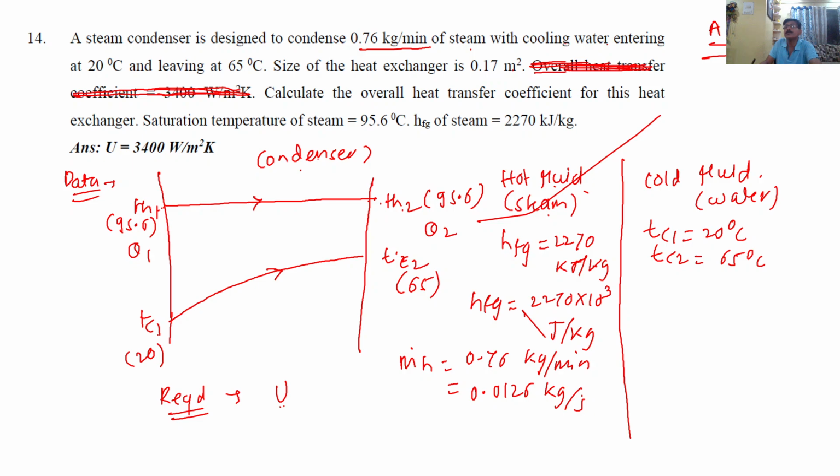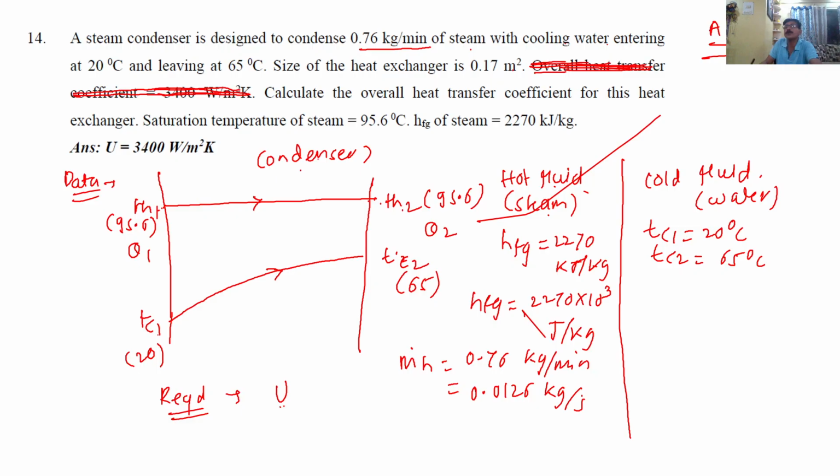C minimum is already known to you: 26,666.56 divided by 69,755.42. The R value comes to 0.3822. What is R? It is the heat capacity ratio. So I have calculated R.